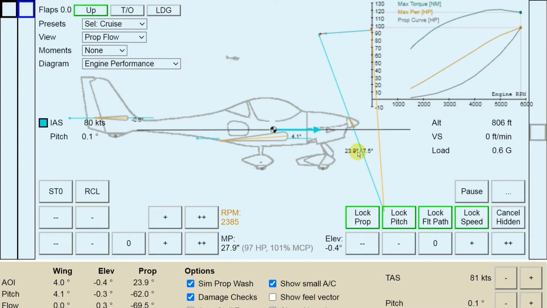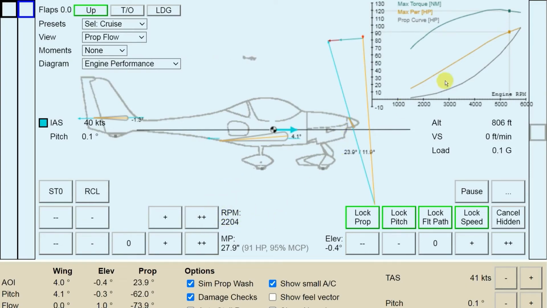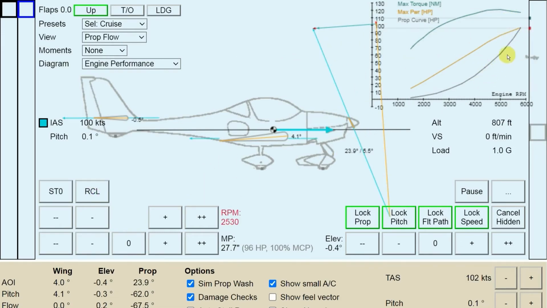At this blade angle, our propeller can deliver full power only at an aircraft speed of 80 knots. If the aircraft flies slower, the propeller rotates slower and the engine produces less than maximum power. And if the aircraft flies faster, we have to throttle back to prevent the propeller and engine from overspeeding.